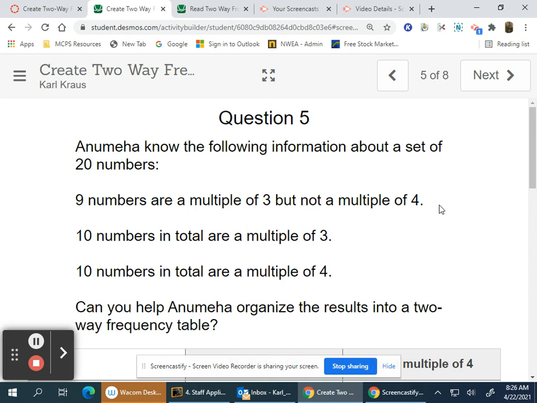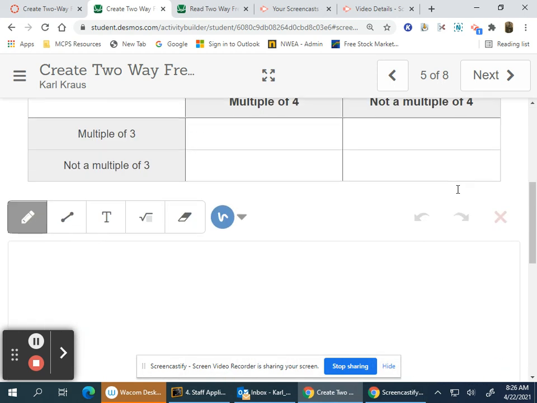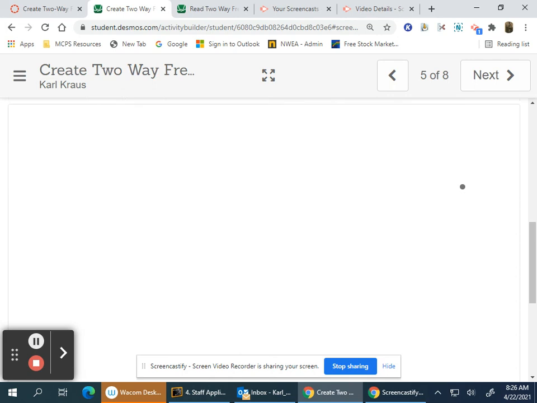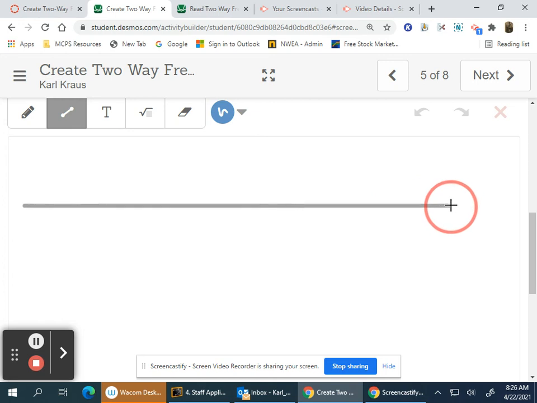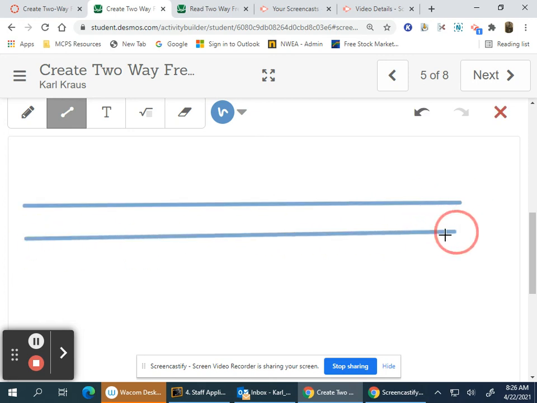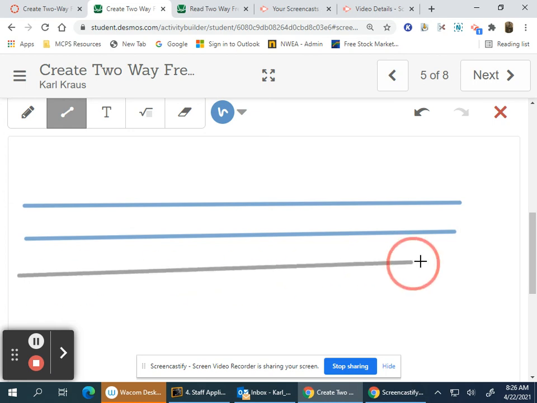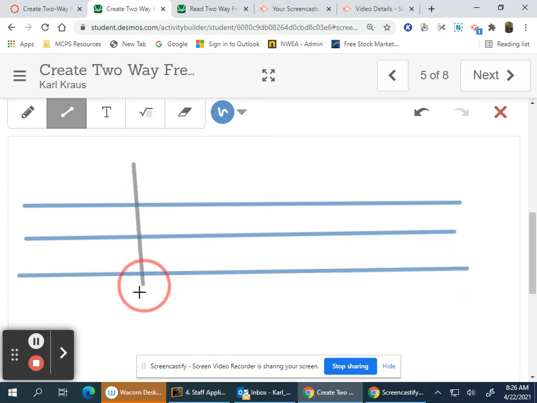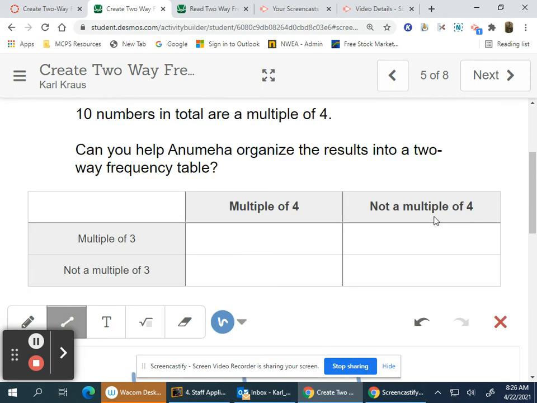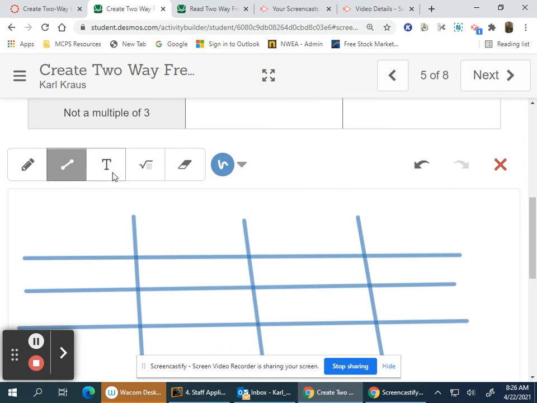Enumia knows the following information about a set of 20 numbers. So once again, let's come down here, and I probably should have done this on every slide, put the sketch box at the bottom so I get more room here. So multiple of 4.